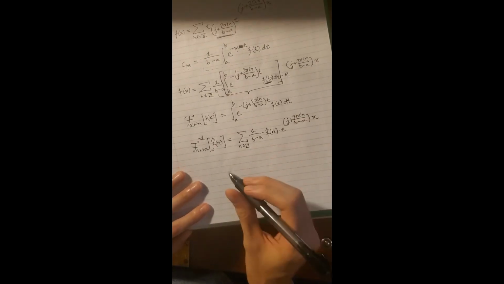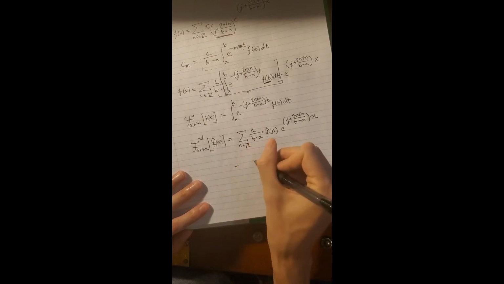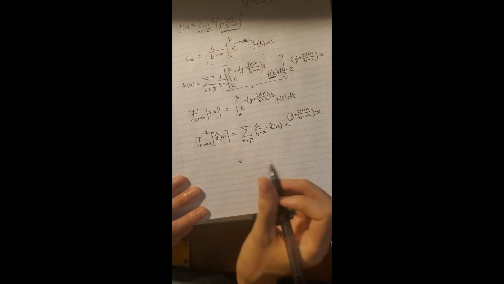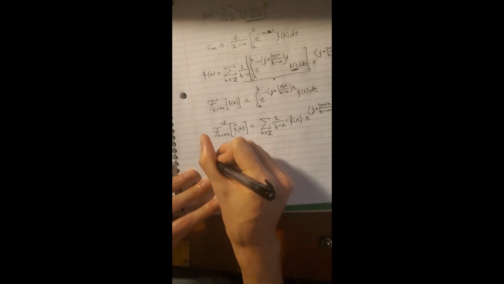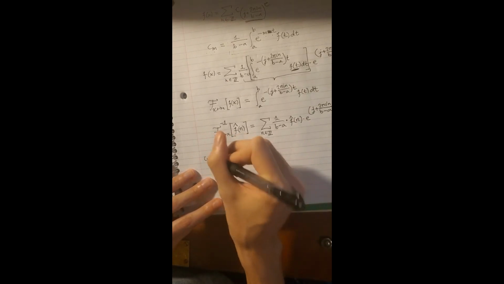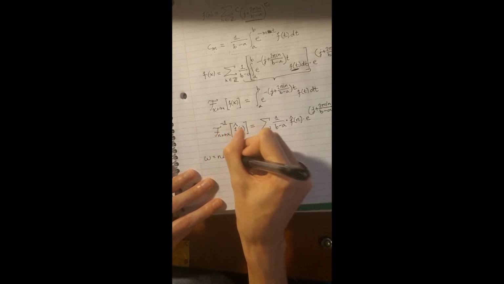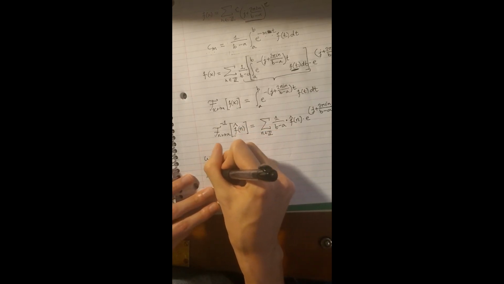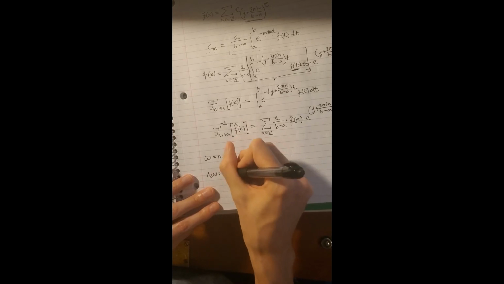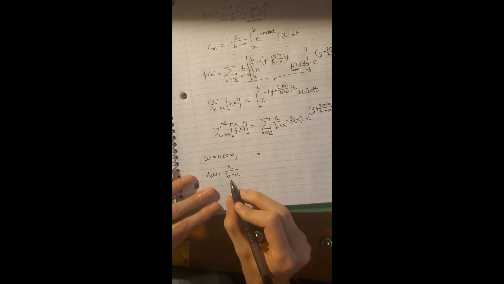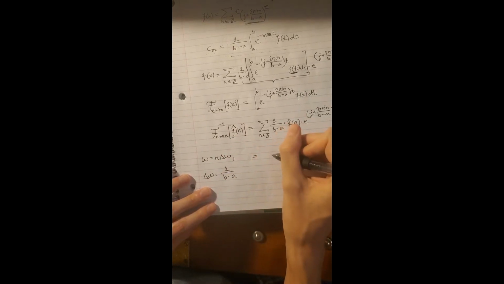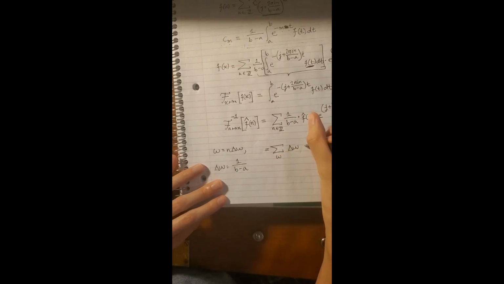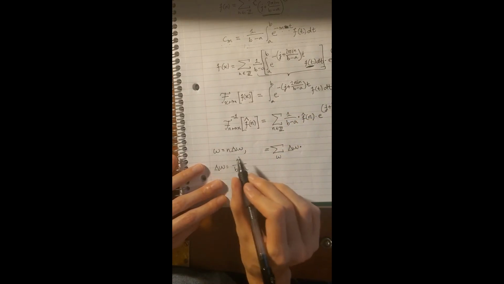So we can just do that right now. If we set w equals n delta w, where delta w equals 1 over b minus a, then n is equal to w over delta w.